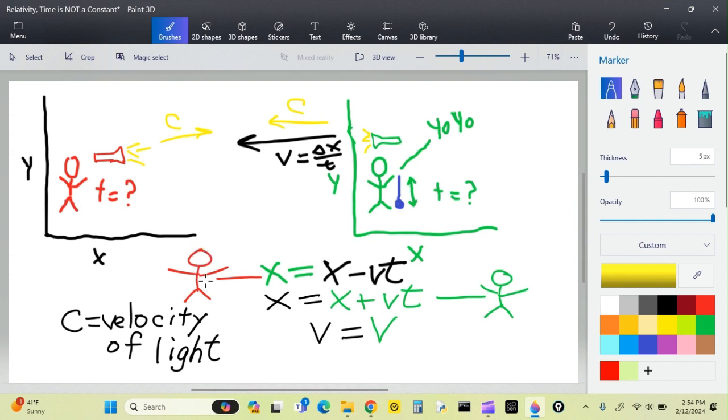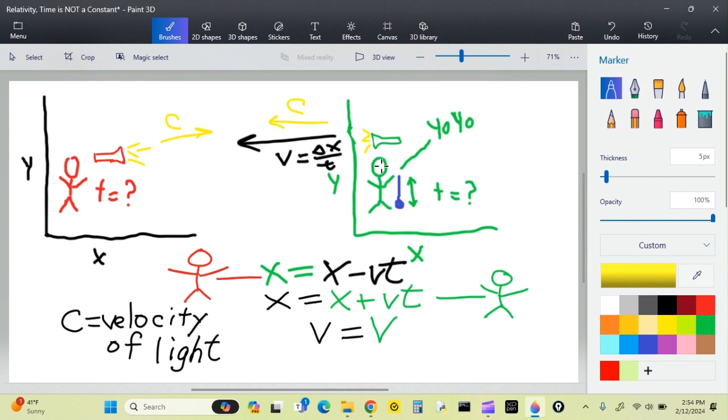Anyway, here's the guy that's stationary. He sees the x variable in terms of his black coordinate system, x minus vt. So it's definitely moving with time. X, according to this guy, is not changing at all. So let's see what goes on next.